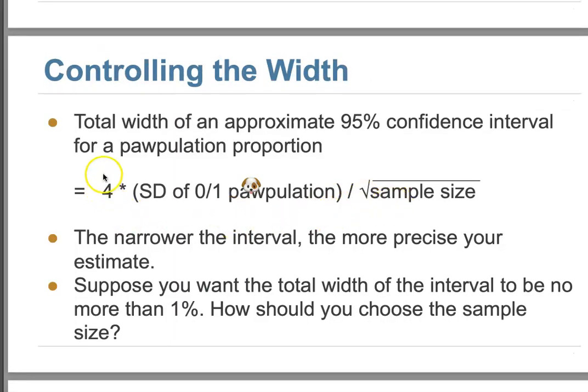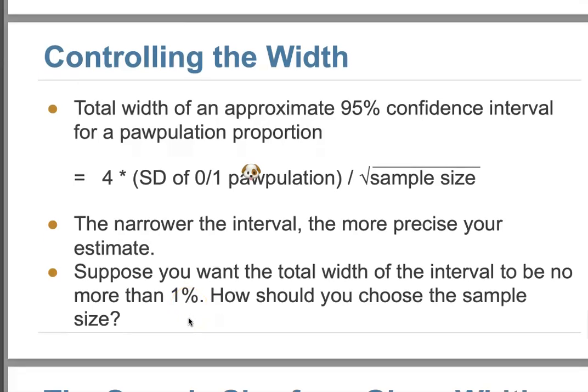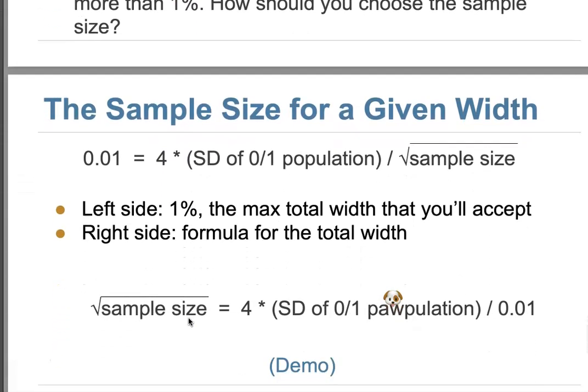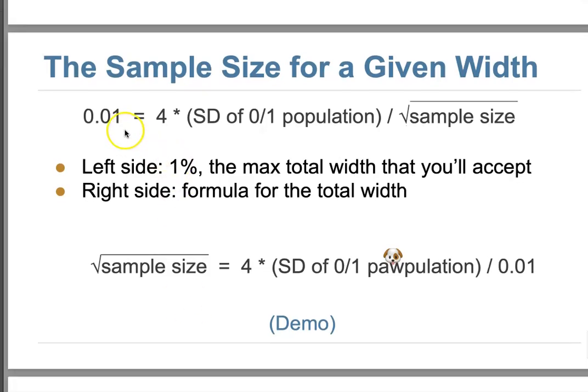That means this 4 standard deviations will be less than or equal to 1%. So we can write this equation. Of course you can use greater or less than, but since we just want to find the 1% boundary, we just use equal. So 4 standard deviations equals 1%.